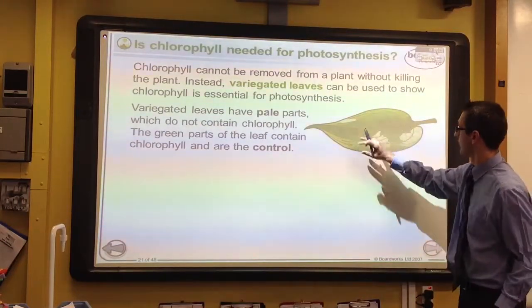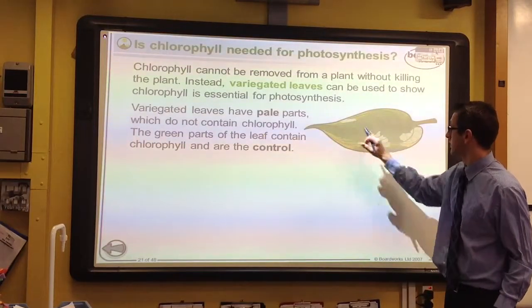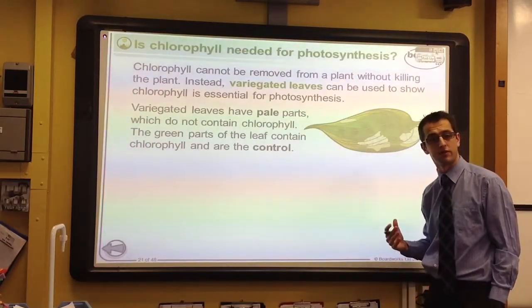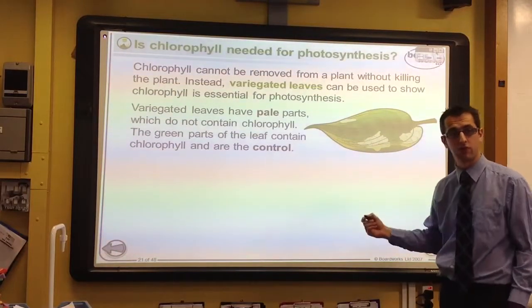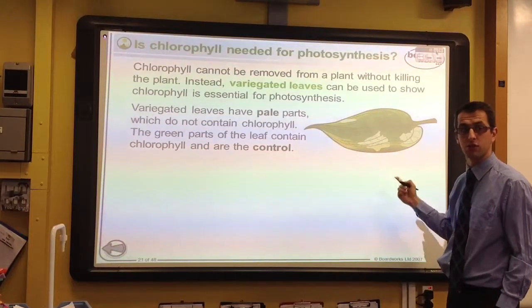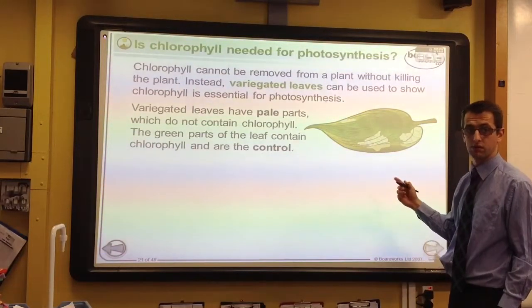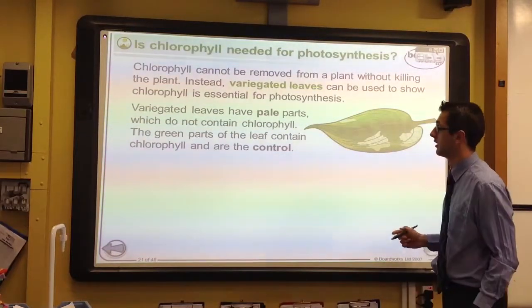So you've got the dark green areas and the lighter, more yellow areas. These light yellow areas are where there is much less chlorophyll found in the leaf. And therefore, without the chlorophyll, there can be no photosynthesis taking place, meaning there'll be no starch being produced. So we're not only proving that light is required, we're going to prove that chlorophyll is required as well.